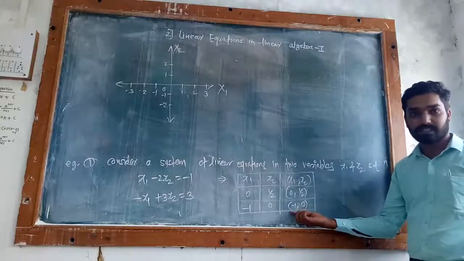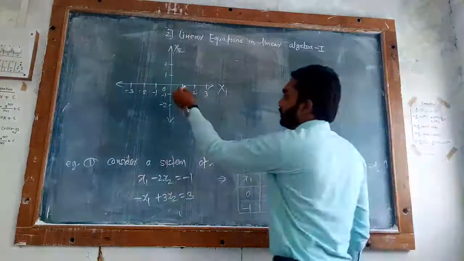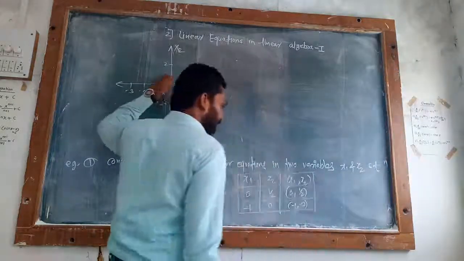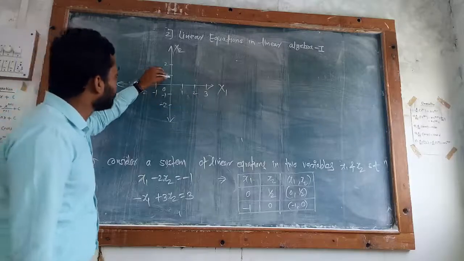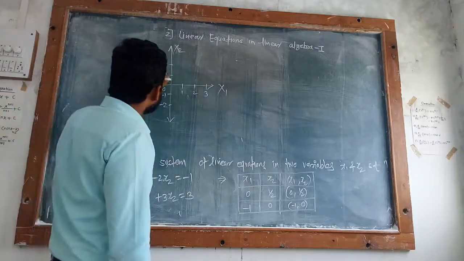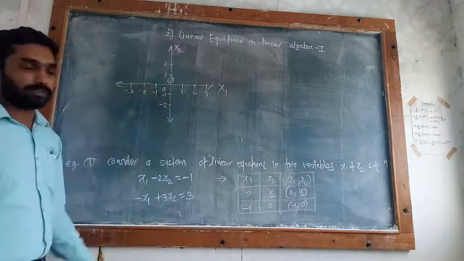To represent the first linear equation, the x coordinate is 0 and the x2 coordinate is 1 by 2, so this is your point (0, 1/2).